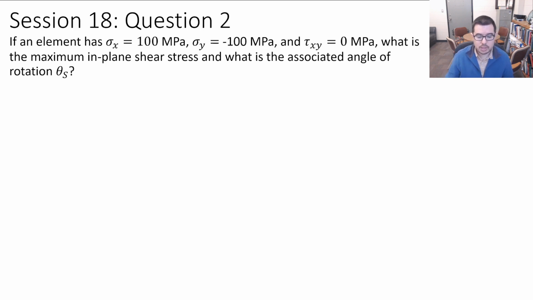Here's question 2. If we have an element with sigma x equals 100 megapascals, sigma y equals negative 100 megapascals, tau xy equals 0 megapascals, what is the maximum in-plane shear stress, and what is the associated angle of rotation theta s? Hint, we just talked about a situation where you have sigma 1 equals minus sigma 2, and there's no shear stress.